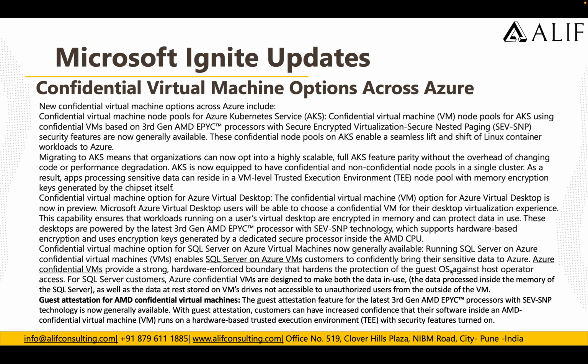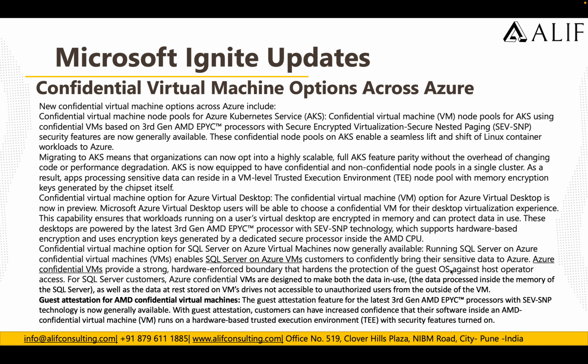What that means is this confidential virtual machine can now run on Azure Virtual Desktop, where we can use third-gen AMD EPYC processors with SEV-SNP technologies, which support hardware-based encryption and use an encryption key generated by a dedicated secure processor inside the AMD processor. Right. So these are the new capabilities for Azure Virtual Desktop.